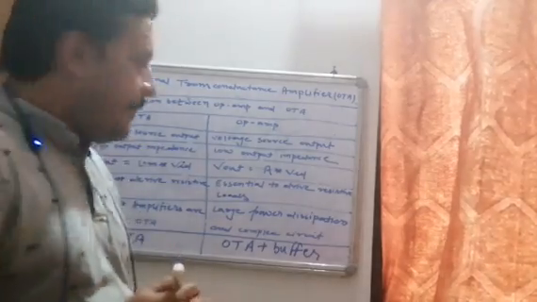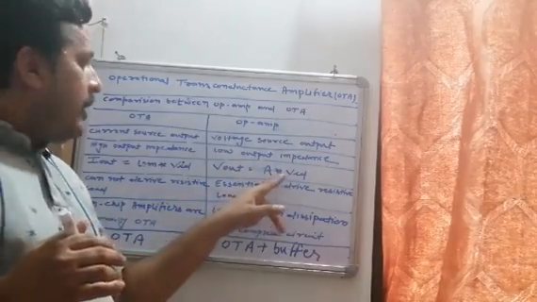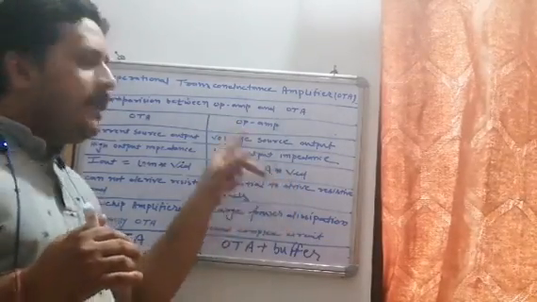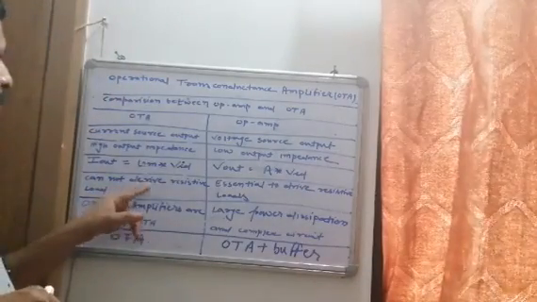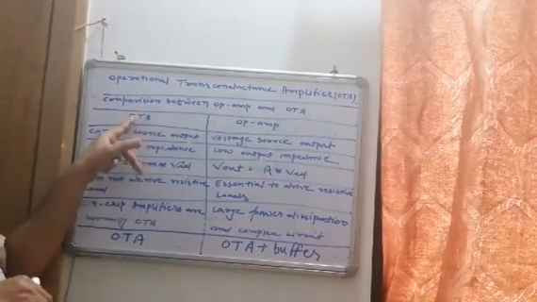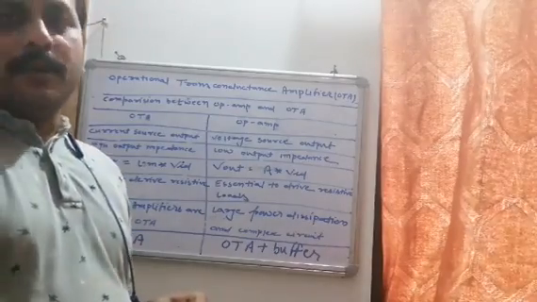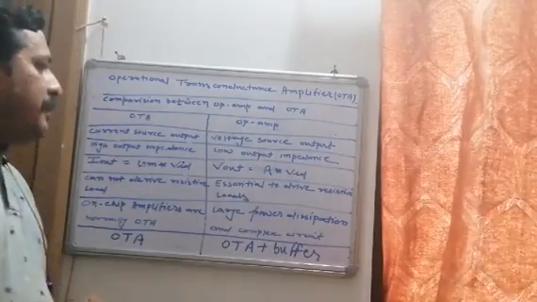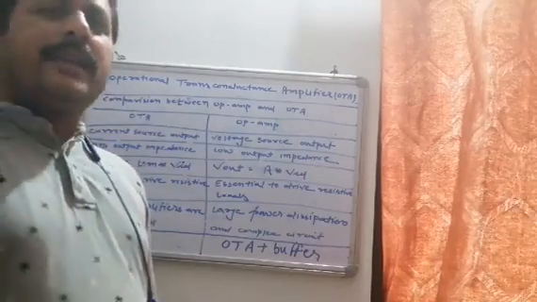That I will see in a later lecture. And V output is A multiplied by VID, where A is the gain of op-amp. OTA cannot drive resistive load. As I have discussed, OTA only drives capacitive load, but operational amplifier is essential to drive resistive load as well as capacitive load.